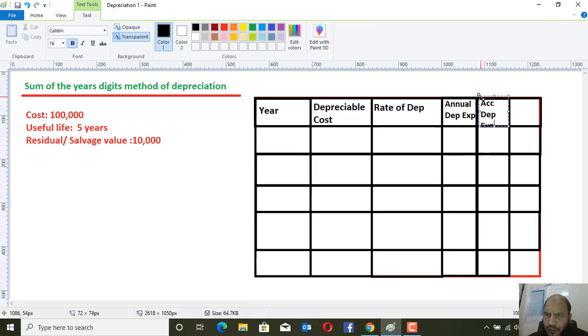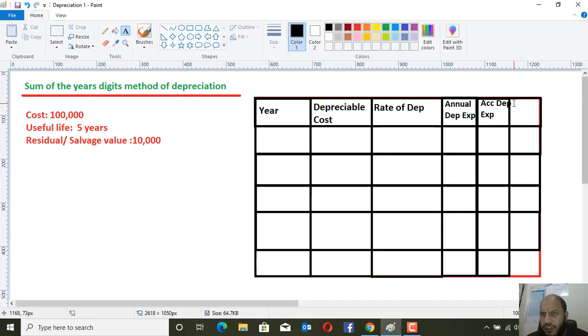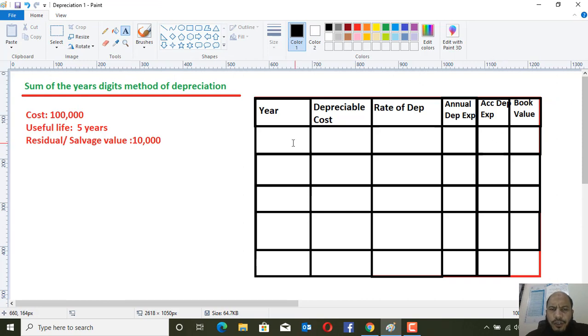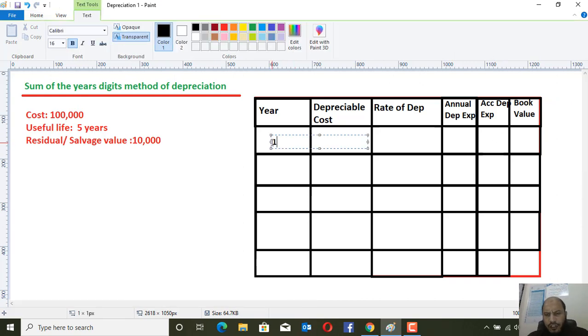This is the accumulated depreciation expenses, and the last one is the book value. Okay dear students, now this is year 1 and this is year 2, this is year 3 and this is year 4 and this is year 5.